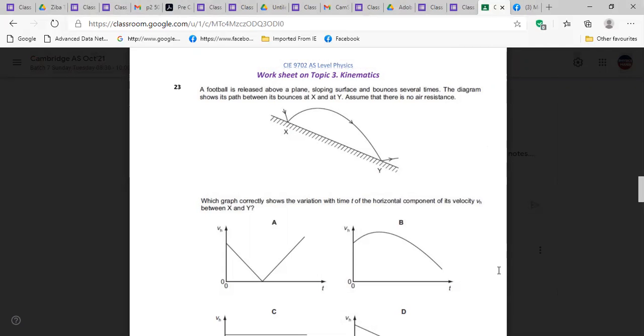You see, the football is released above a plane sloping surface and bounces several times. So it's like the previous question we did, the last question. There is no air resistance, but here there is something different.